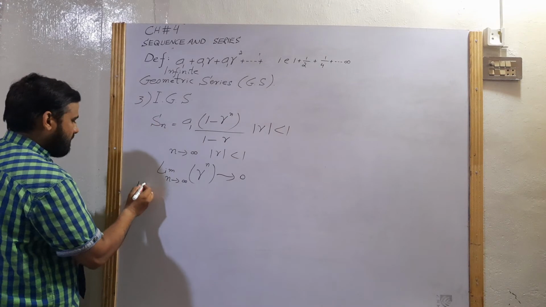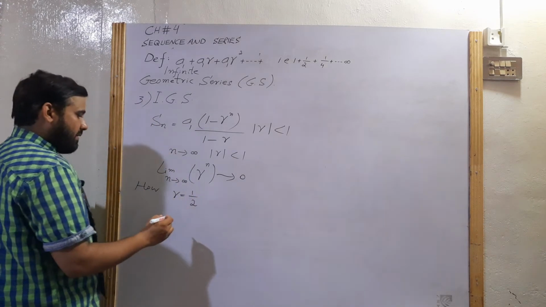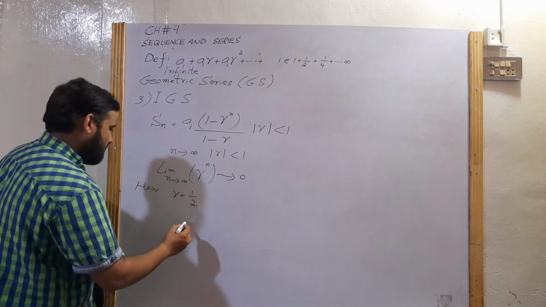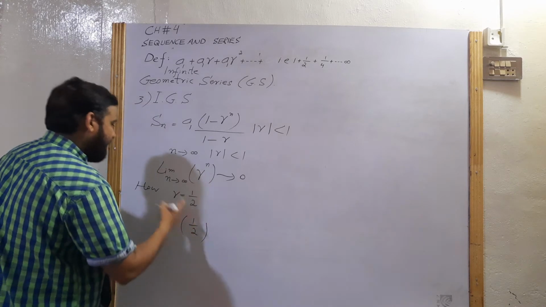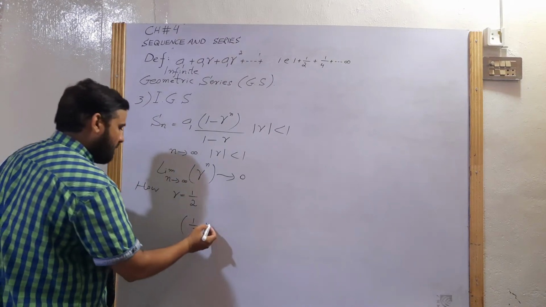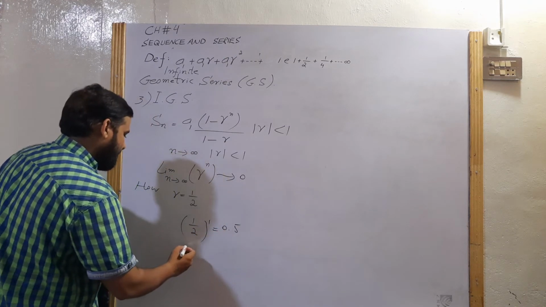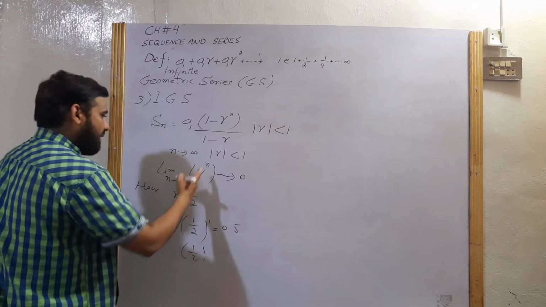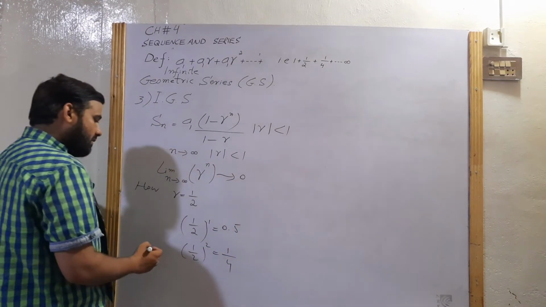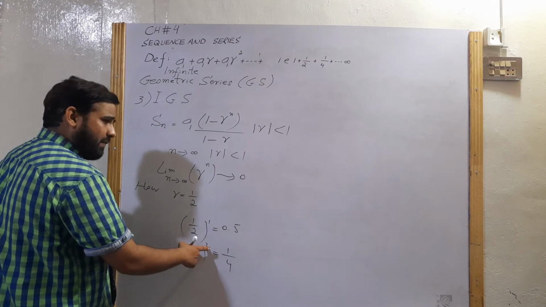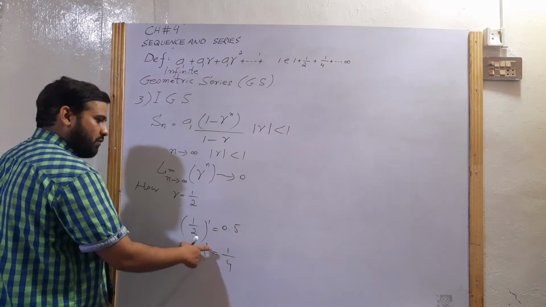How? For example, if r is 1/2 and we replace n starting from 1, 2, 3 and so on: replacing n by 1, this is 1/2, equal to 0.5. If we replace n by 2, this is 1/4. If we replace n by 3, this is 1/8, and by 4, this is 1/16.